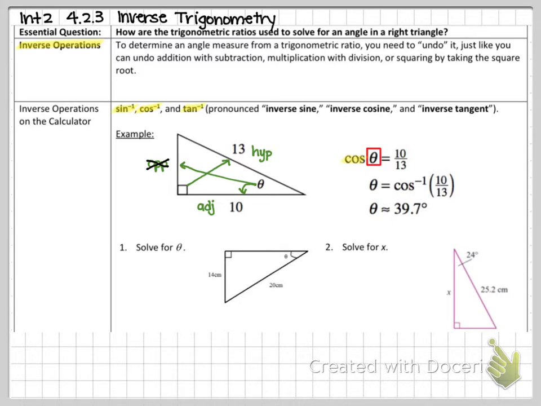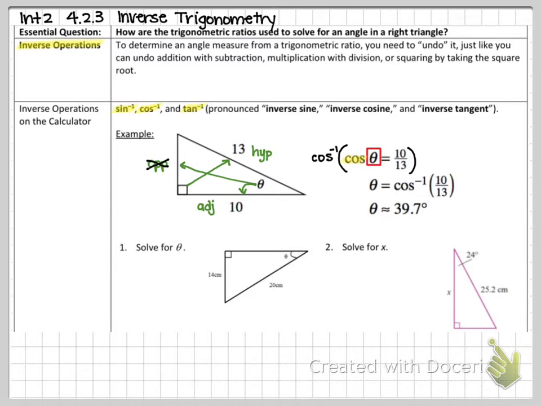So the inverse operation of cosine is inverse cosine, and we would apply that operation to the entire equation. So really what's happening here is that we would do cosine inverse of each side of the equation.